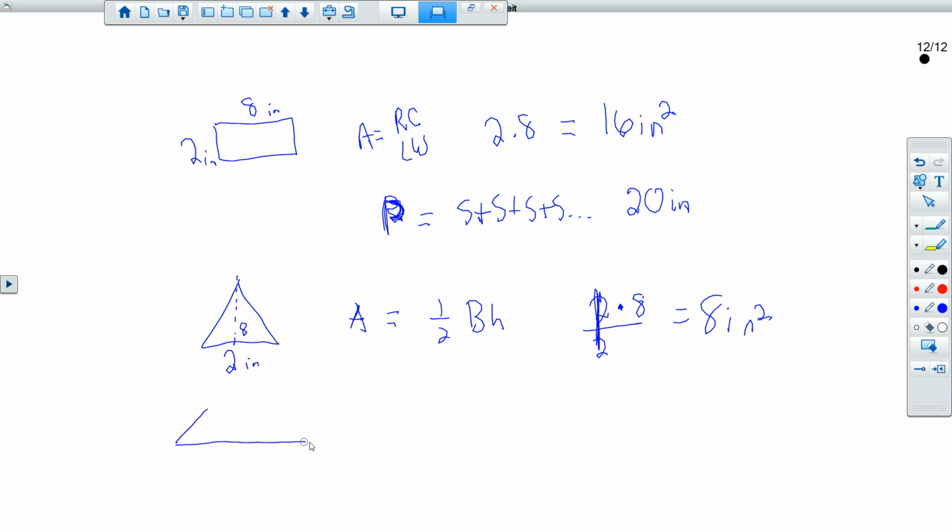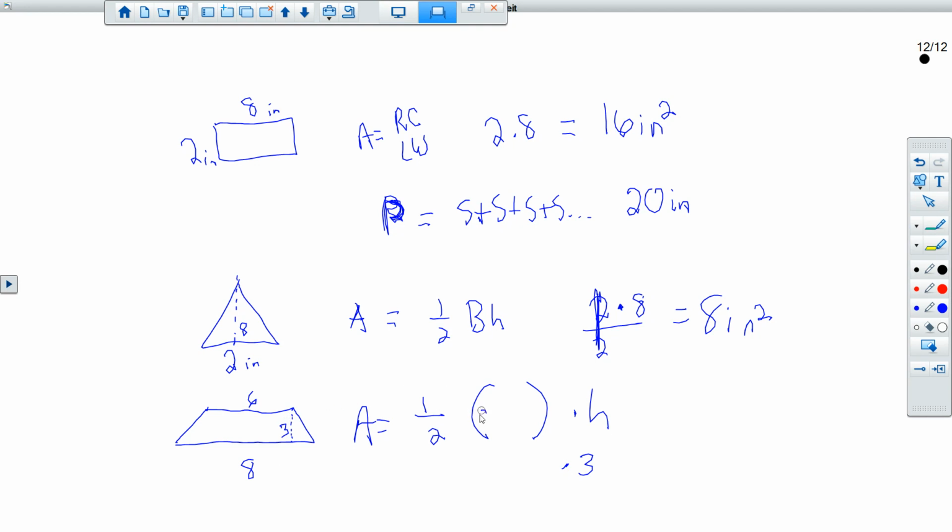So let's do the same thing over here now. I want to see how this one here is going to work. We're going to have to use some different numbers though. We're going to say that this in here is 8. Let's say that this in here is 6. And let's say that the height at the highest point, we're going to call it 3. Okay? So let's build our equation. We know that it's going to be 1/2 whatever the base is times the height. What is the height? 3.